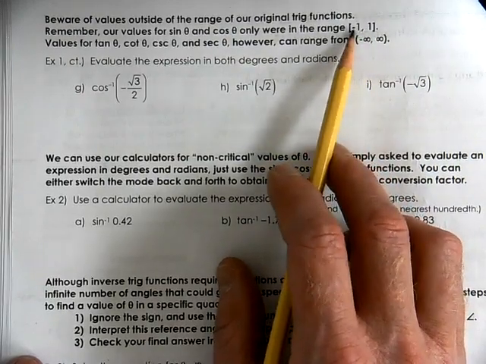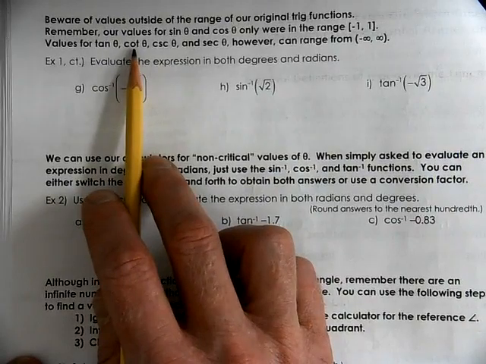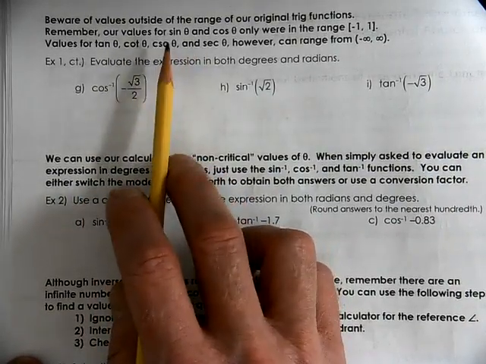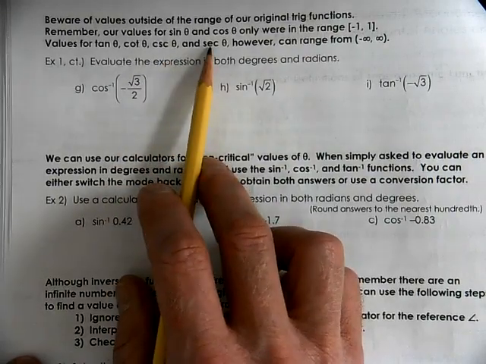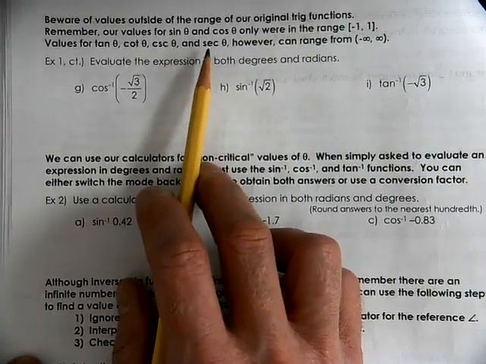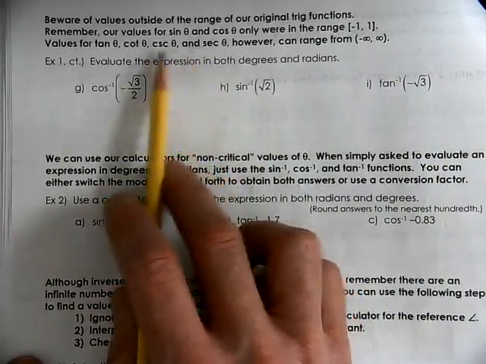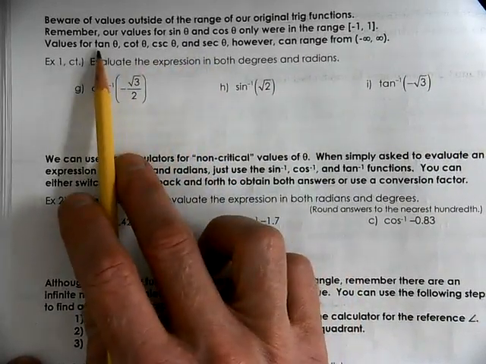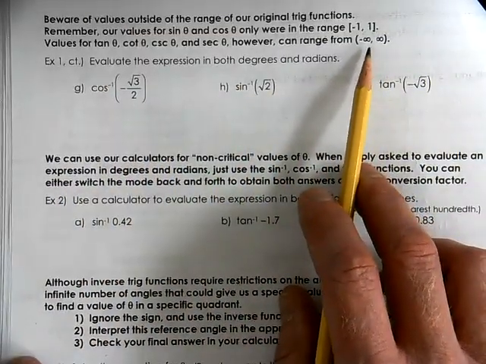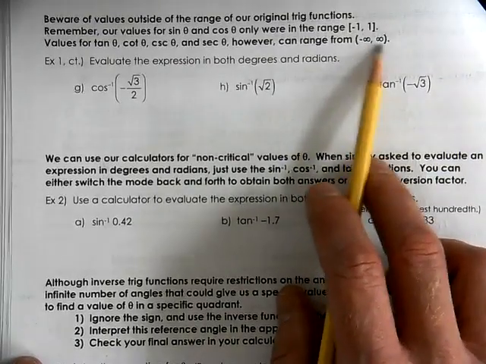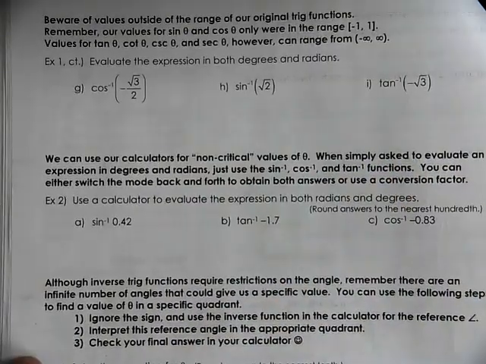The hypotenuse is bigger, so the bottom of the fraction is bigger. But when you start to do the reciprocals, you're going to flip it over, and it's the hypotenuse over the opposite and the hypotenuse over the adjacent. So those are going to be greater than 1. And tangent and cotangent, it all depends. And you could have a range that is from infinity.